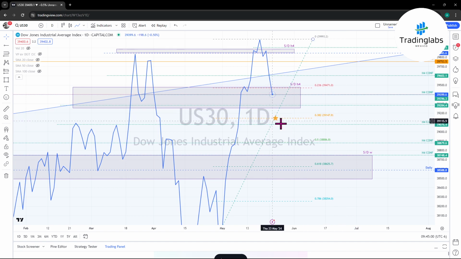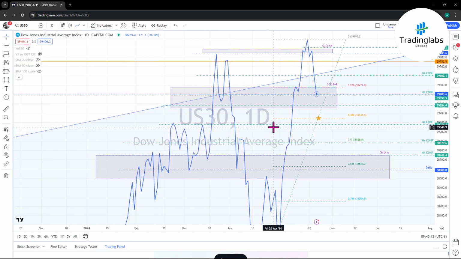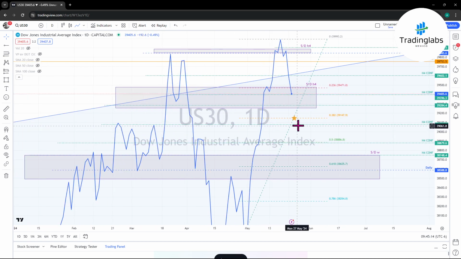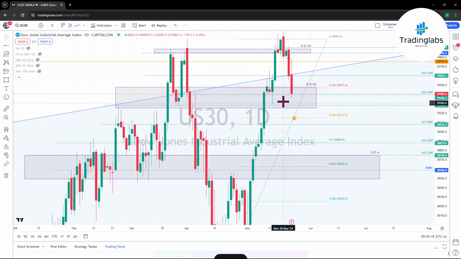Here, right? On the 3.382. That is very close to this H4 support. So I potentially could look for buys from this area. Potentially. I don't know.